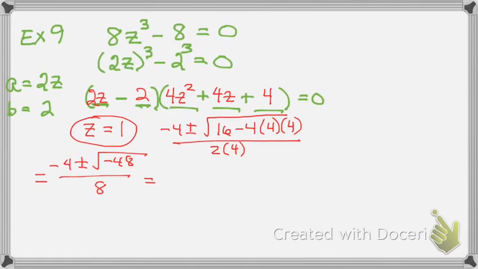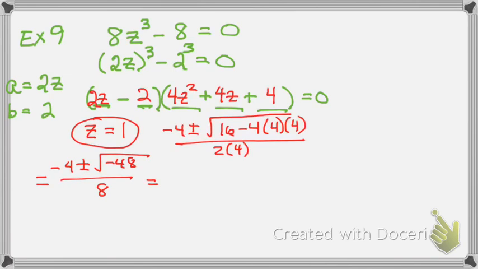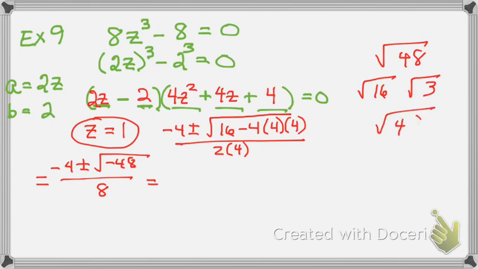Anybody know what 48 will break into? The easiest one is 16 and 3. If you catch that, you made the problem much easier on yourself, because that's the number with the biggest square root. Let's say you didn't. Let's say you wanted to use 12 and 4. That's great, but then you have to break the 12 down again into 4 and 3.